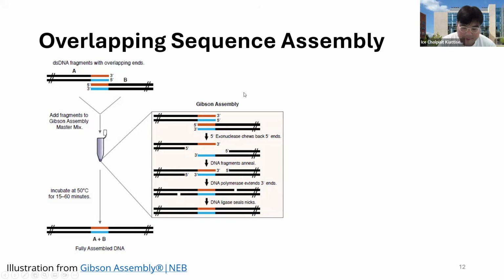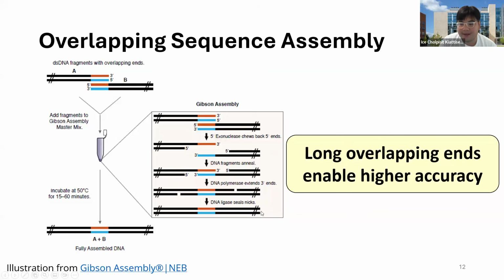And most of the time we just call them Gibson assembly, because it was originally designed by Gibson at JCVI, but there are other methods that use overlapping sequence for assembly as well. The good side of it is that it's usually scarless, because you can design any sequence to make an overlapping sequence like this. And it gives you a very high accuracy.